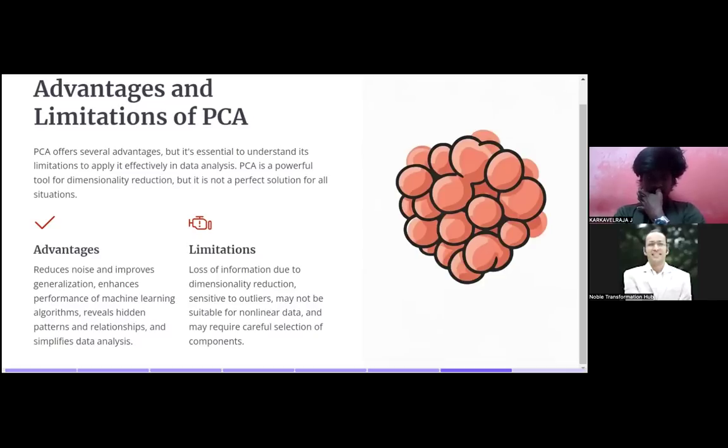So it offers several advantages, and we must understand the limitations to apply it effectively in data analysis. PCA is a powerful tool for dimensionality reduction, but it is not a perfect solution for all situations. See, everything has a probabilistic approach, guys, because everything is uncertain. As a data scientist, as an AI researcher, you always talk probabilistic.